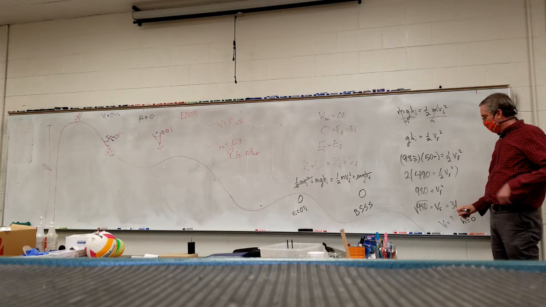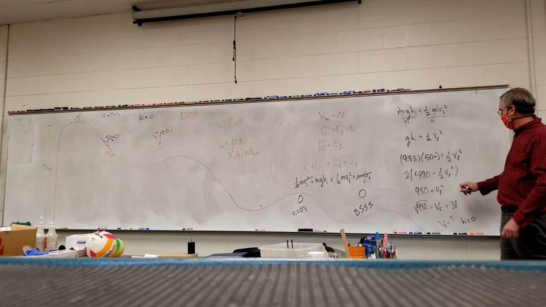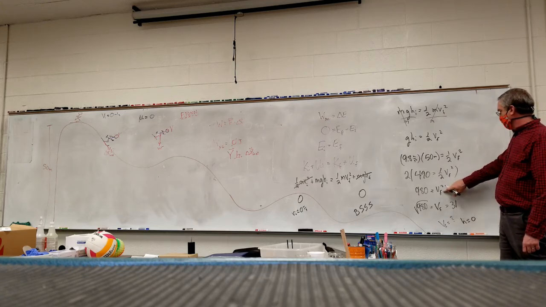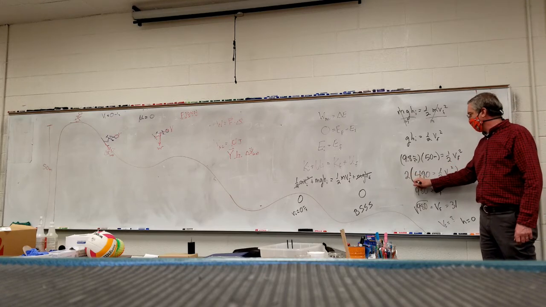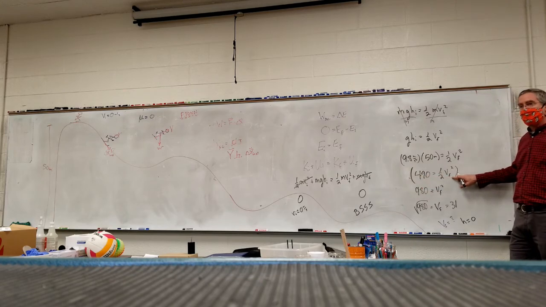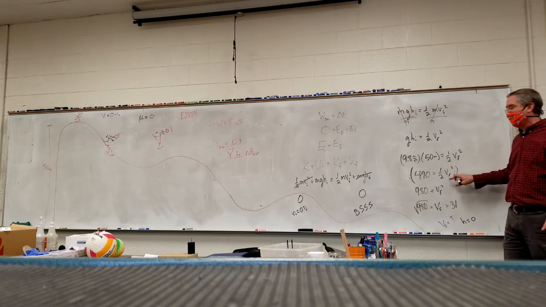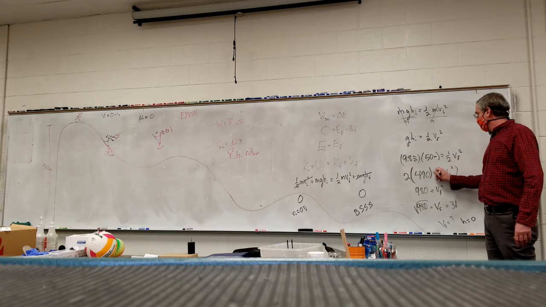Is that 2 divided by 490? Where are you? Right there, where your marker is. What does that first part say? This is what we had, and I said just multiply both sides by 2. It'll cancel out the 1/2.